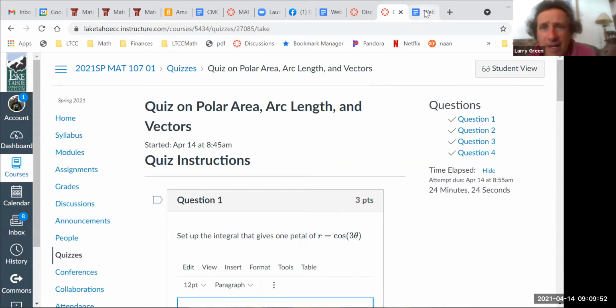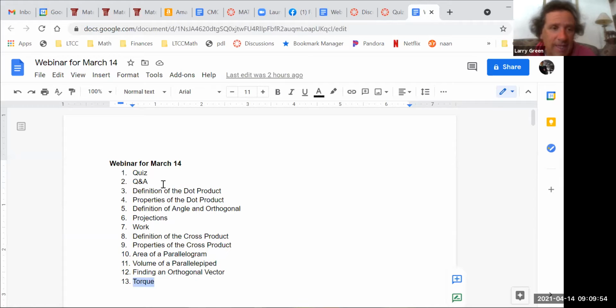Okay, I want to mention something because I got some emails about it. You have to be very careful when you're doing computer homework about format. I'm not picky on quizzes where I grade it, but when the computer grades it, it's picky about format. So if you're given vectors and you want to find a vector from those vectors, you have to write it in vector format.